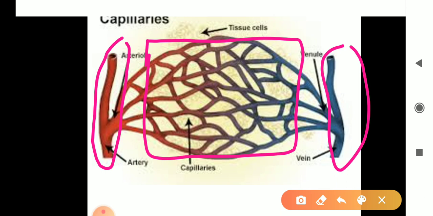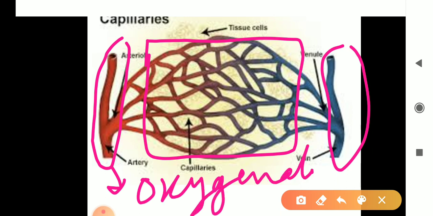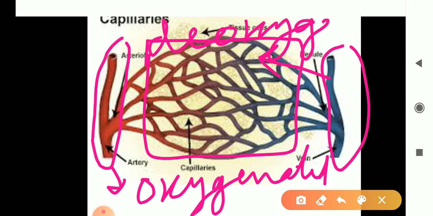Is it okay? The red color shows oxygenated blood. It means they carry oxygenated blood. That's why it's shown in red. And blue color represents deoxygenated blood. Is it okay?